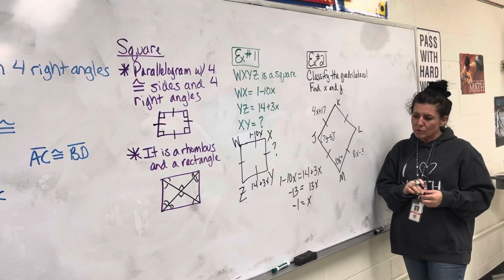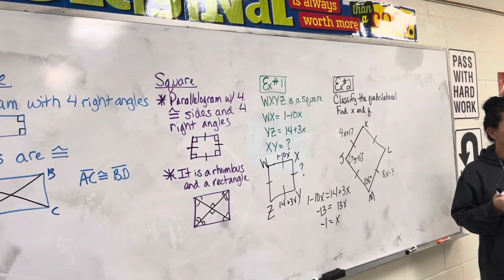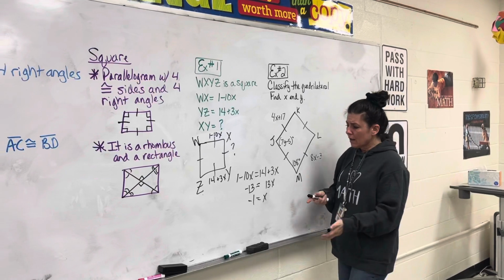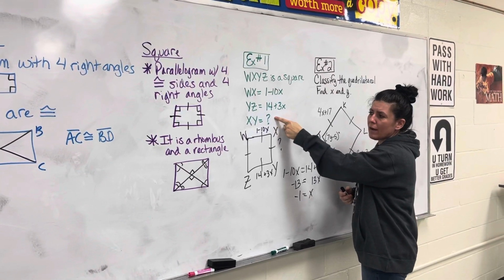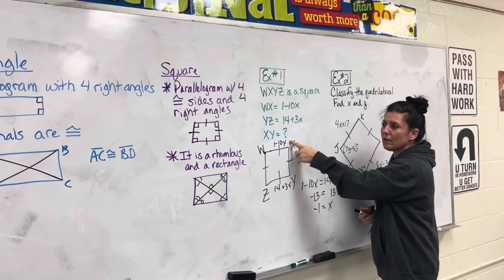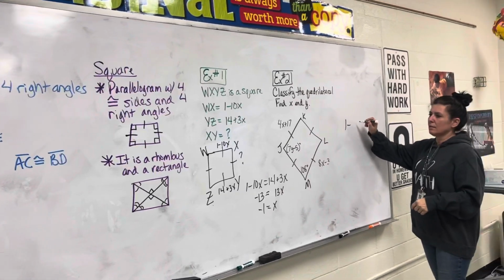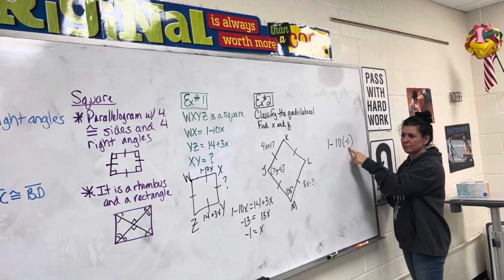So be careful, we had a problem not long ago where we got a negative answer, and I said always double check your variable to see if it makes sense. This actually does make sense, and we're going to find that out by finding out what XY is. We can plug it into either of these expressions to find out that length, because again, it's a square. But when we plug this in, -10 times -1 is +10.